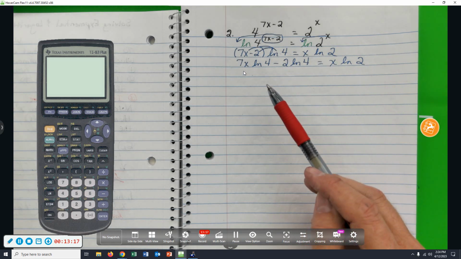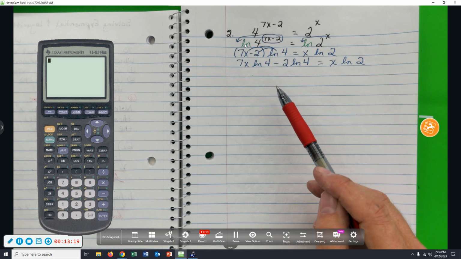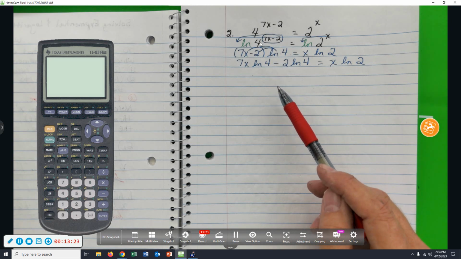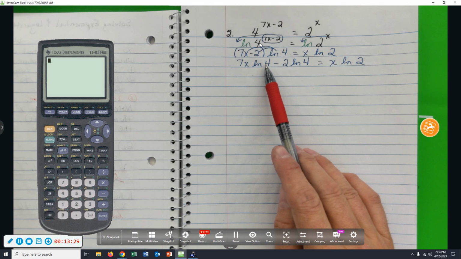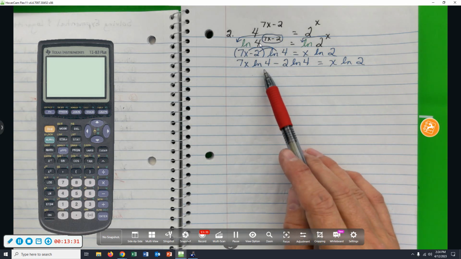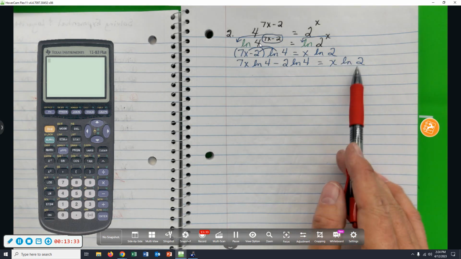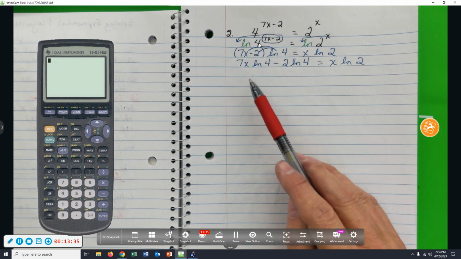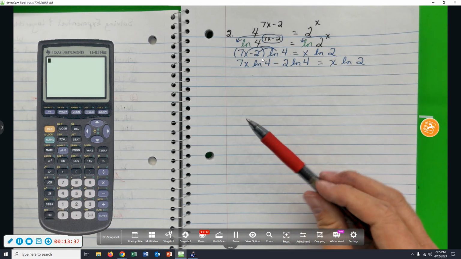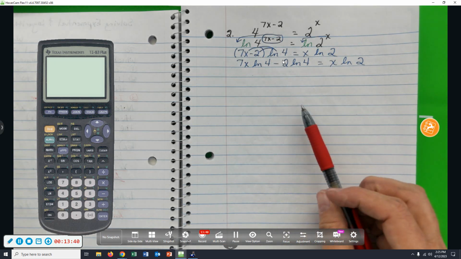Here's something you'll want to remember. When you take the natural log of both sides, you have an argument of 2 and an argument of 4. Those arguments should not change. Your final answer that you're punching into your calculator will have ln 2s and ln 4s. They can't have ln 8s. They can't have ln 6 or anything like that.